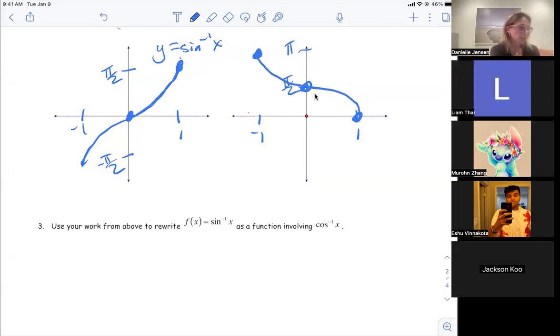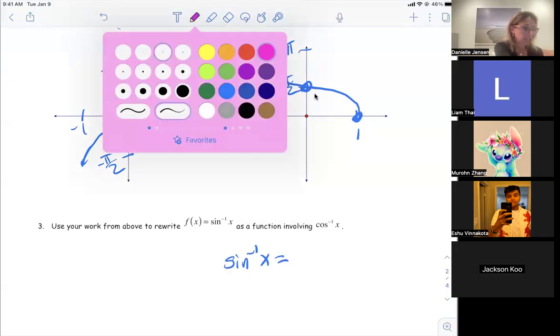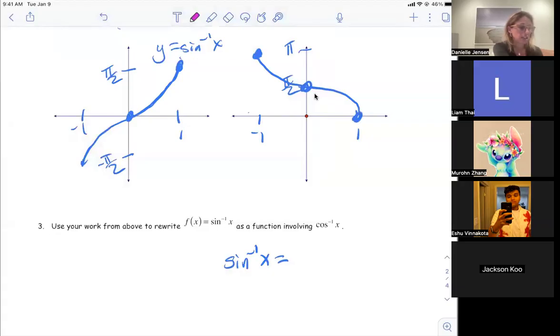Okay, so basically I want to manipulate the cosine function so it equals inverse sine of x. So inverse sine of x equals doing what to the cosine function is the question. There are two ways to think about it. In my answer key, I thought: what if I flip it over the x-axis?